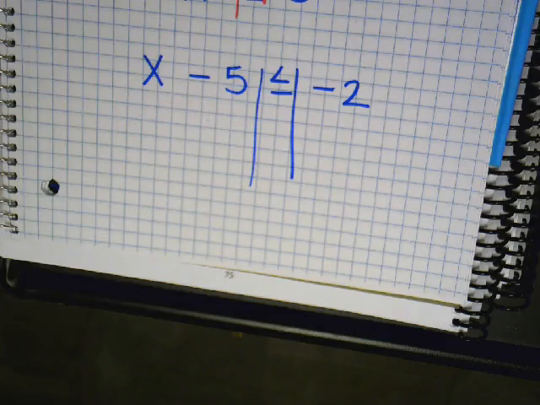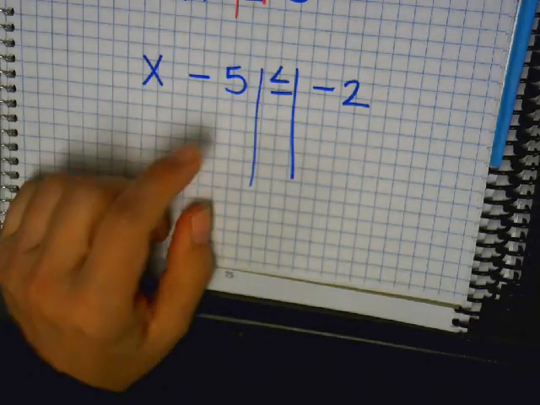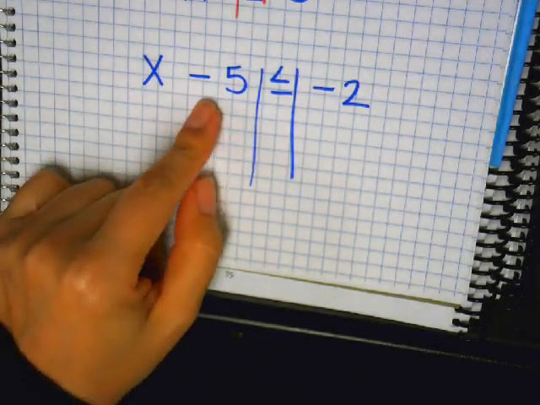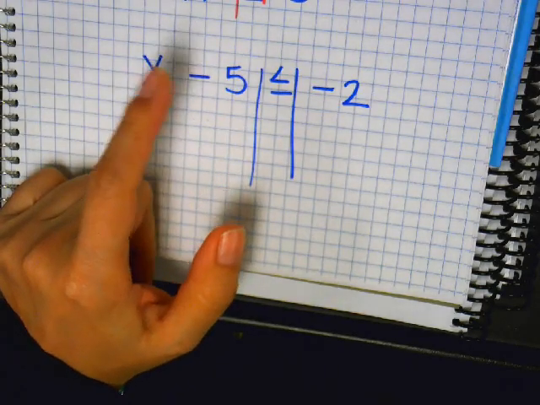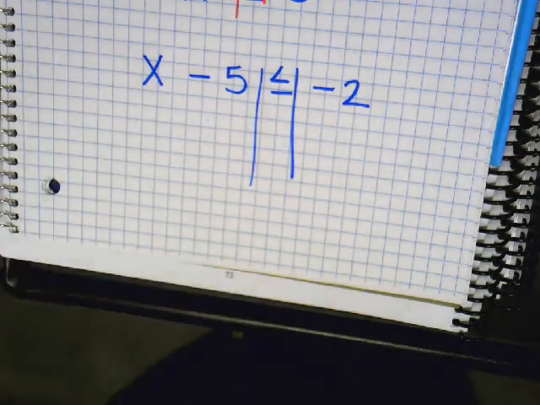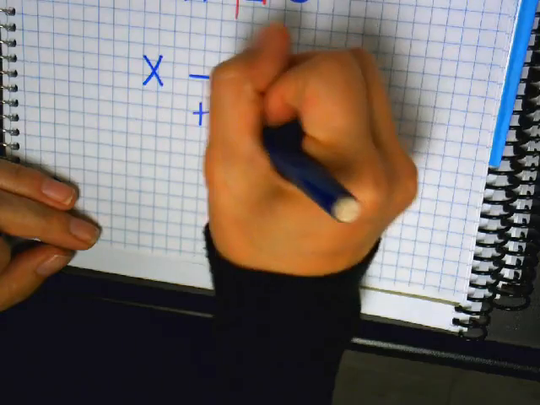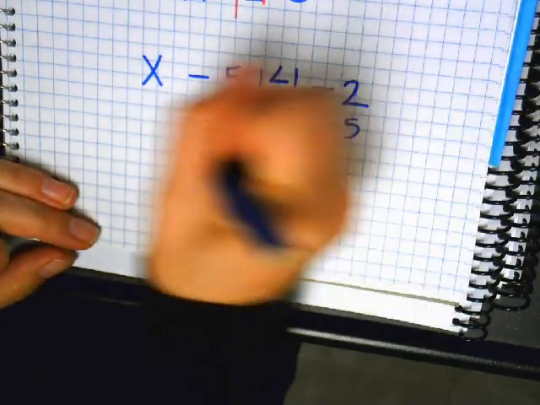So if it's minus 5, some of you said negative on Monday, and it was horrible to hear. This is a minus. It's not a negative. What's the opposite of minus 5? Plus 5. Whatever you do to one side, you have to do to the other side.